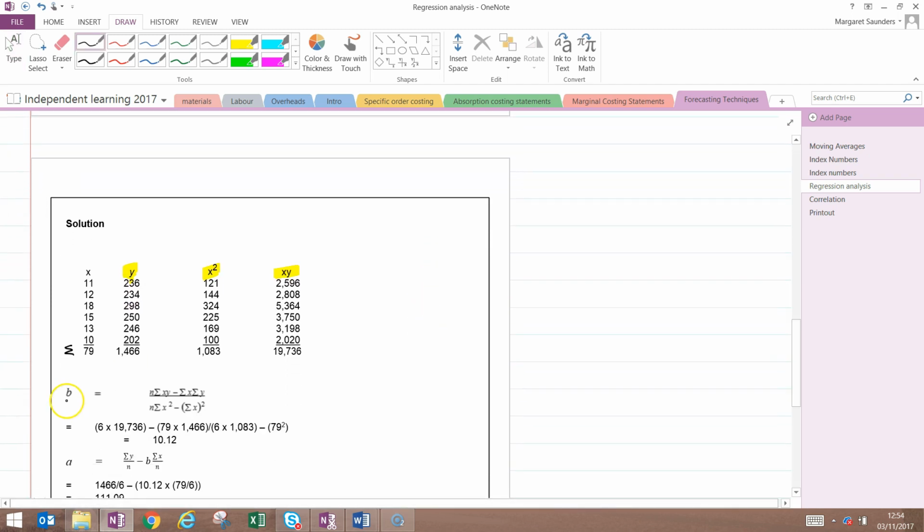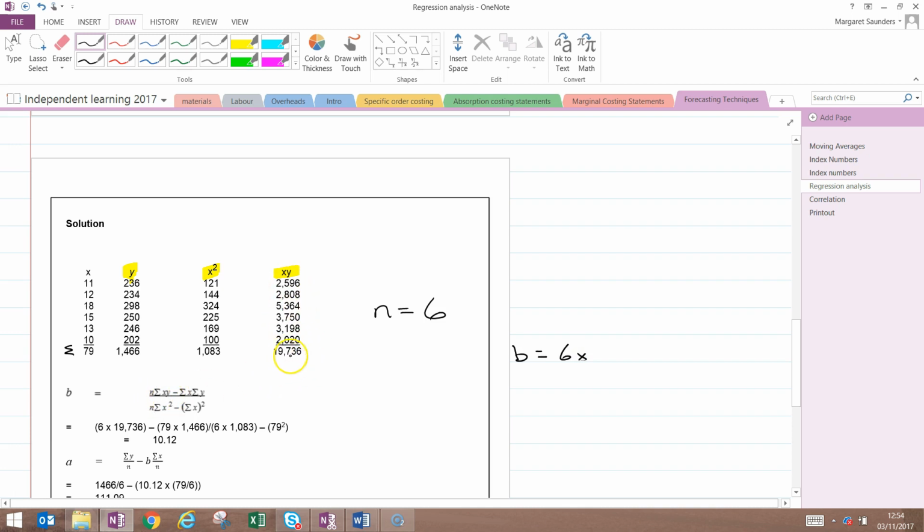So the formula for b is equal to N. Now, N is the number of sets of data that we have. So we have 1, 2, 3, 4, 5, 6 sets of data. So N is equal to 6. So looking at our formula, the value of b is equal to N, which is 6, times sigma, which means the total of XY.